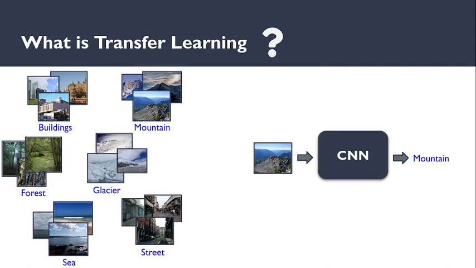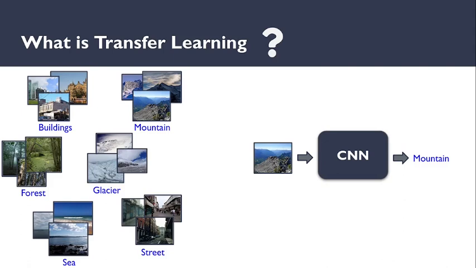This pre-trained model is capable of extracting several low-level features such as corners, edges, and also high-level features such as texture, shapes, and so on. And we will just fine-tune this model using our custom dataset.